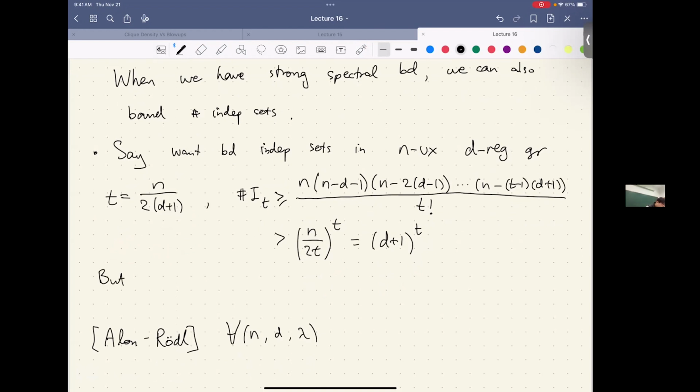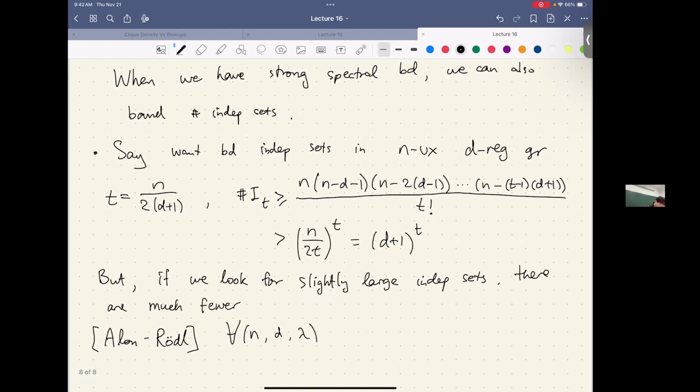However, surprisingly, if we look for slightly larger independent sets, there are much fewer in (n, d, lambda) graphs, this sort of pseudo-random graph.